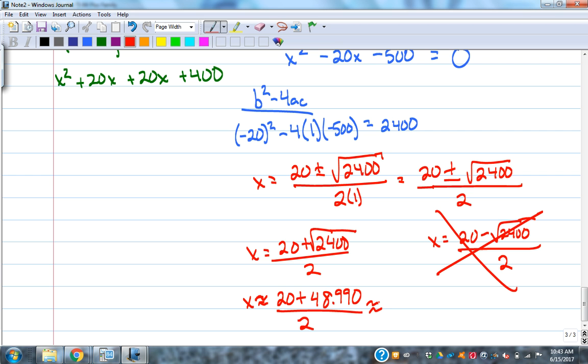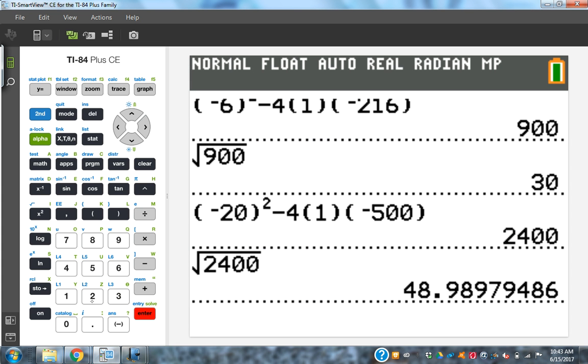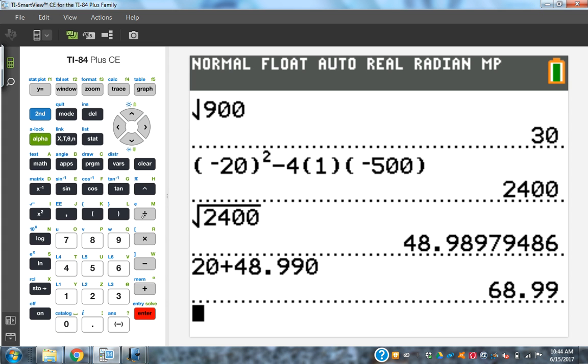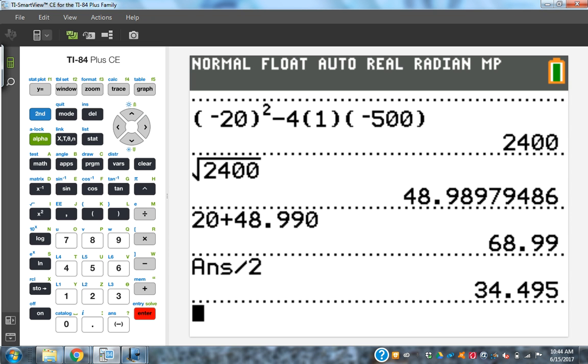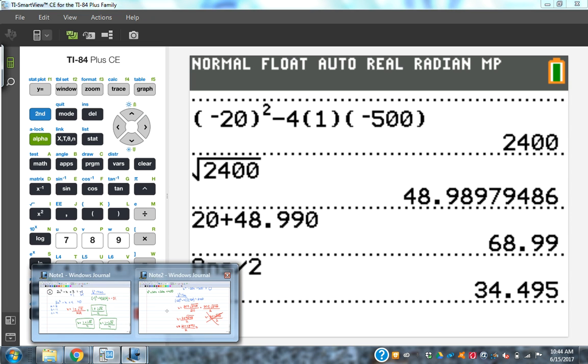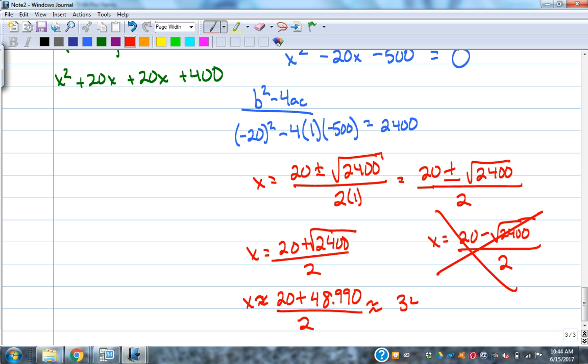That's the real world problem. 20 plus 48.990. And then get that answer and divide it by 2. 34.495. That's in yards. That's the shortest leg, because that's what x is. Remember when we drew our picture, x was the shortest leg.